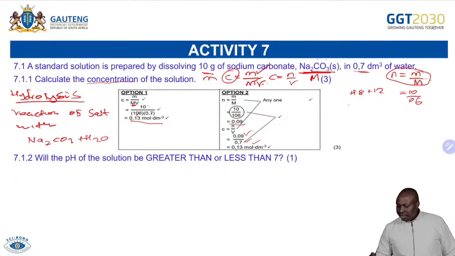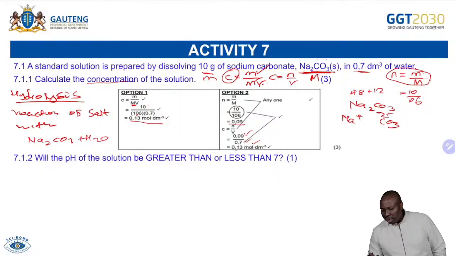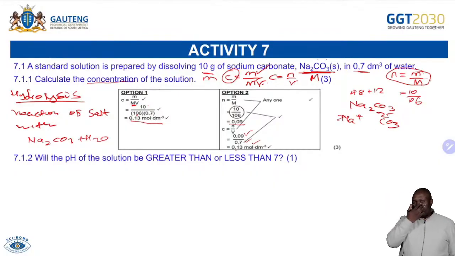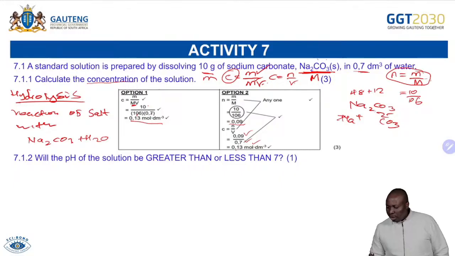You can first follow the steps: you take the salt, sodium carbonate, and get the ions, so we'll have 2 Na+ and CO3 2-. Those are the ions. Then you can check where these ions come from.